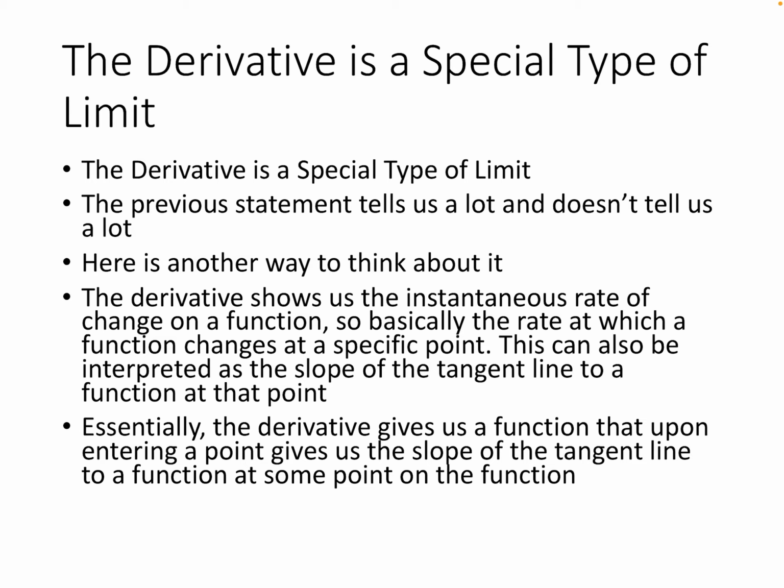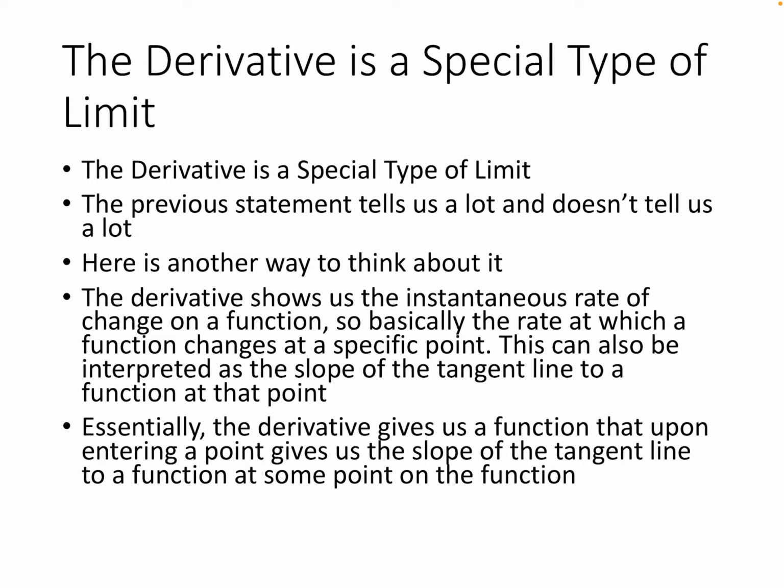Well, let's get a better sense of the derivative. You can think of the derivative as giving us the instantaneous rate of change at a point on the function. So the instantaneous rate of change is basically the rate of change at some point on the function. At some specific point, you can find how fast the function is changing. This can also be interpreted as the slope of the tangent line at that point.